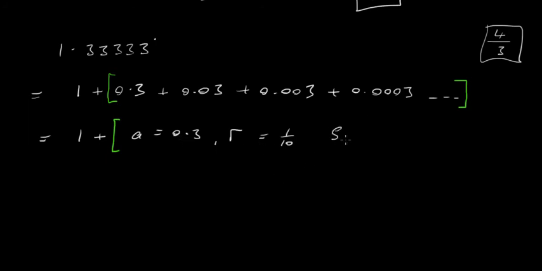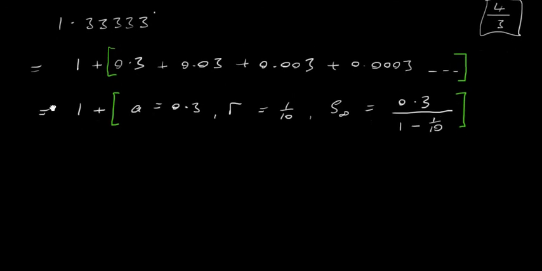So it's the sum of an infinite series where our a is 0.3 and 1 minus our r here is 1/10. So really this is what we have to calculate, this bit here. And this bit here is just another way of writing all of this, the sum of an infinite series.